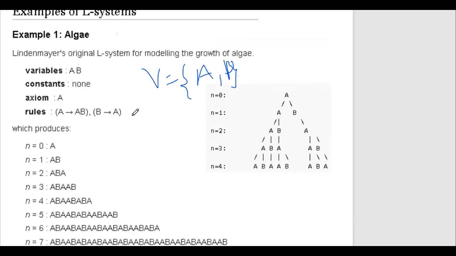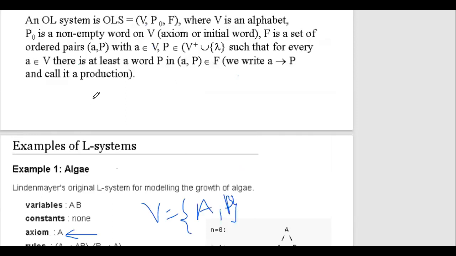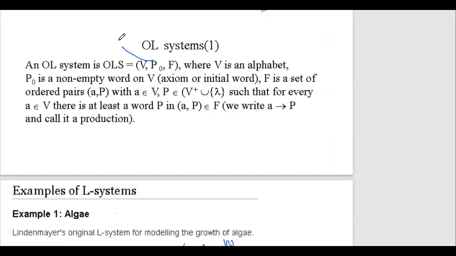So these are the rules. There are no constants in this alphabet. This is the initial word, and you need an initial word to execute this algorithm.